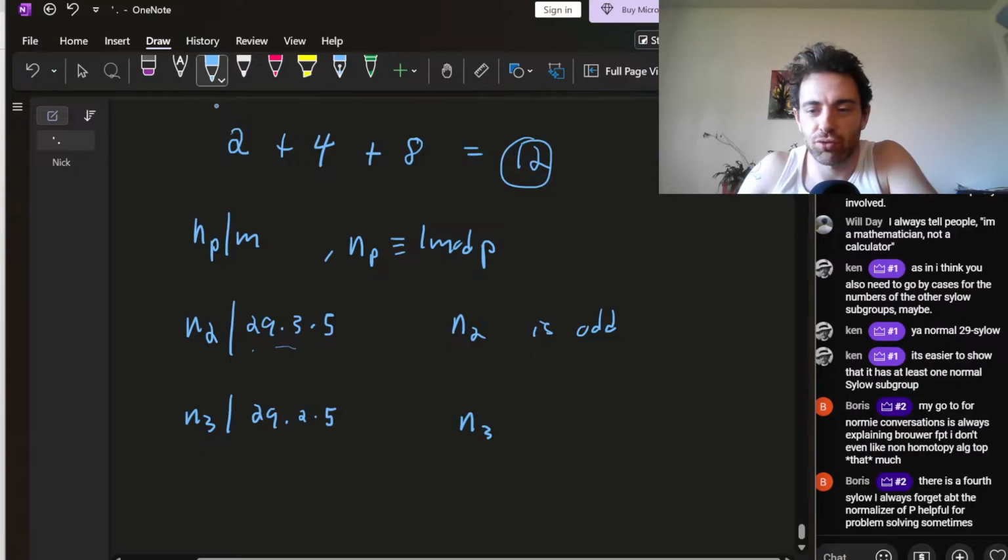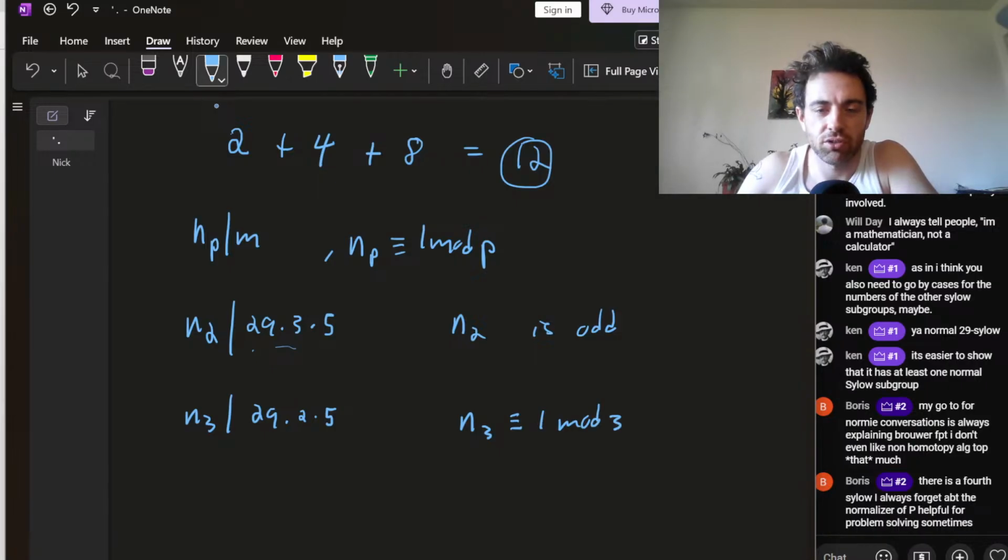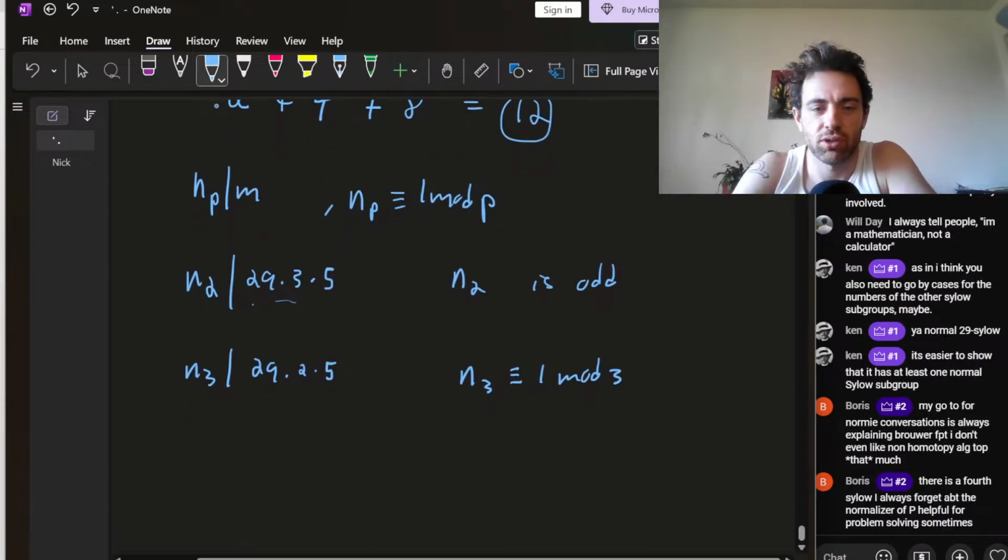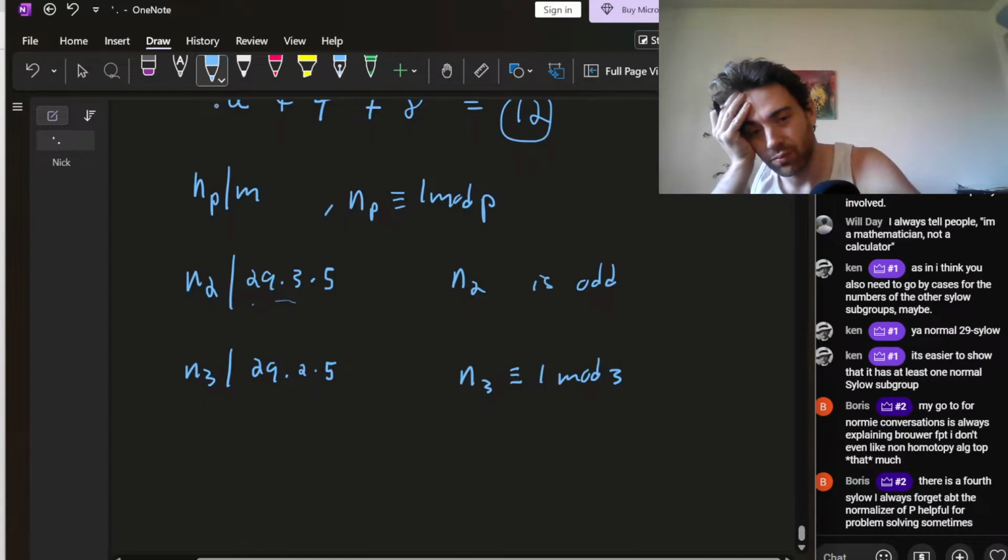N3, there's a 4th Sylow you always forget about, the normalizer of P. Oh, maybe that comes in handy here. Let's see. Okay, so it can't be 2. It can't be 5. It could be 10.